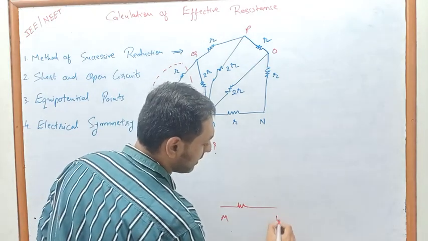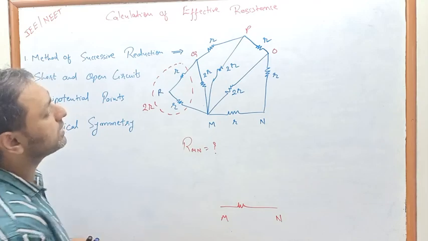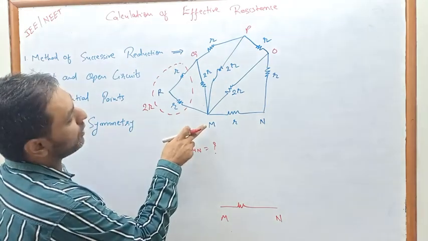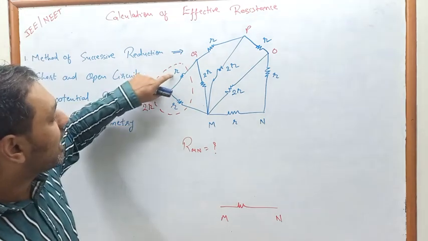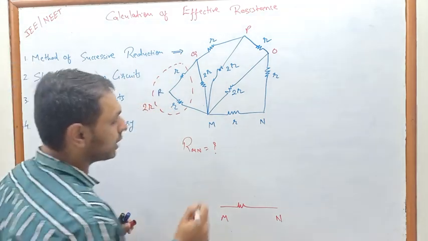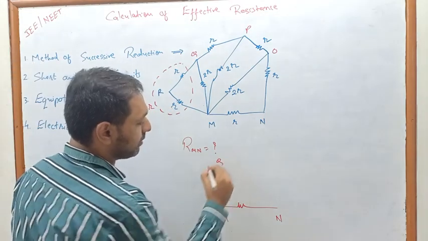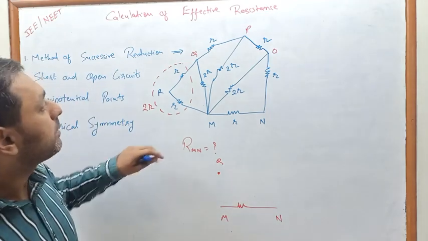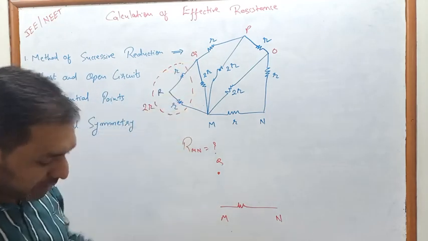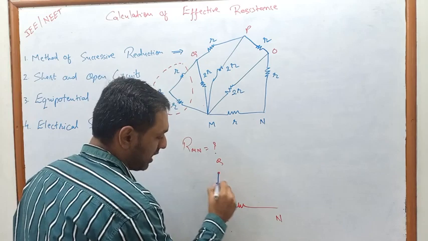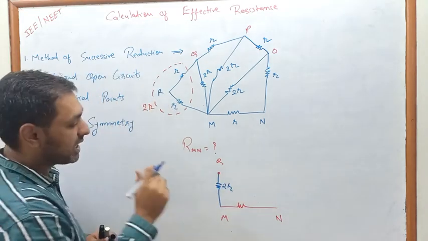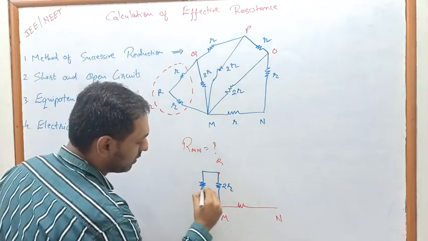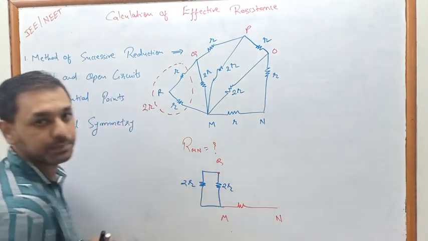Suppose point M and point N. Now between this point M and Q, earlier there were two resistors R and R. So what I will do is, here point Q is already available, but instead of these two resistors I will put this 2R.